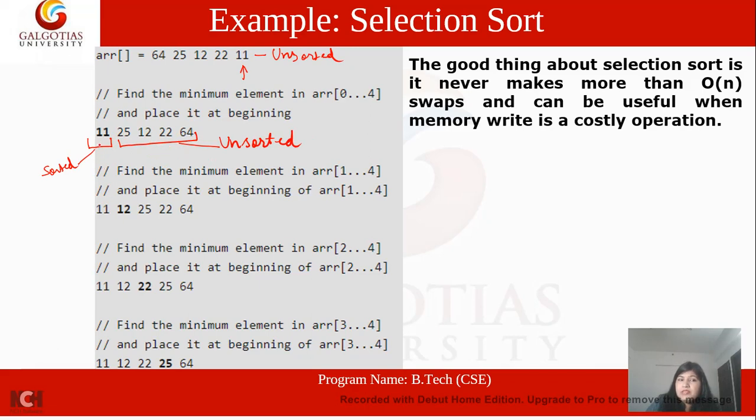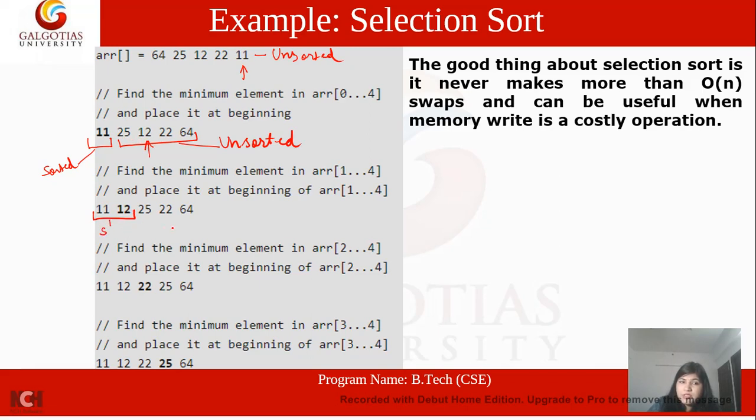Because 11 was the minimum out of all, it acquires the first position in the sorted array. Then we find the minimum out of the rest. In this unsorted array, the element 12 is the minimum, so in the next phase we keep 12 in the sorted part.